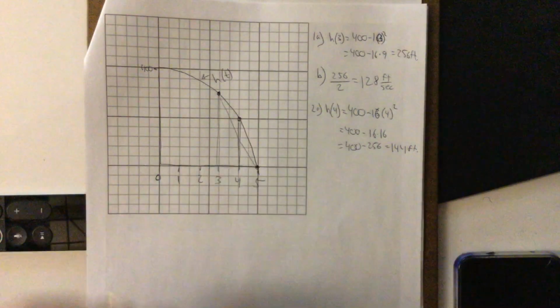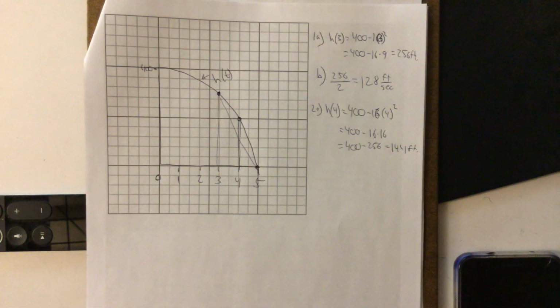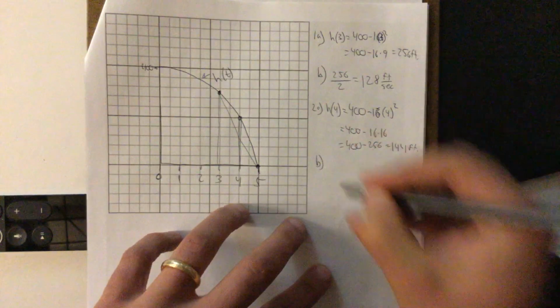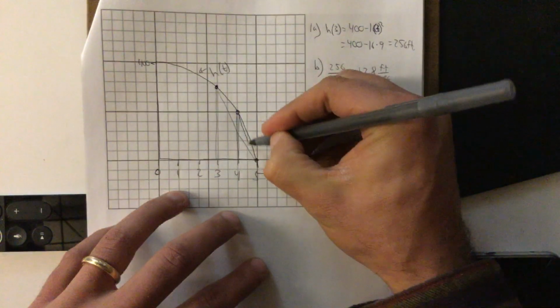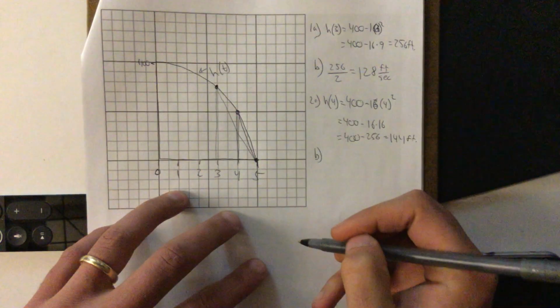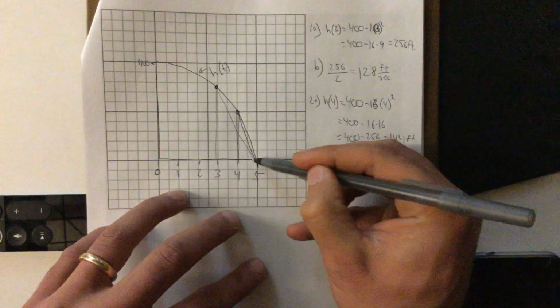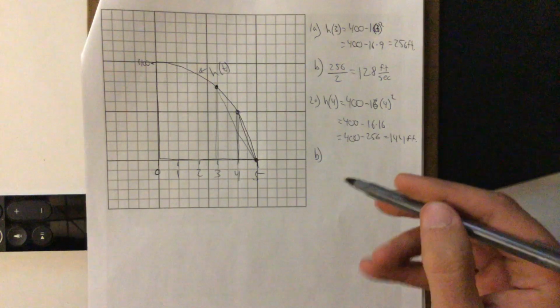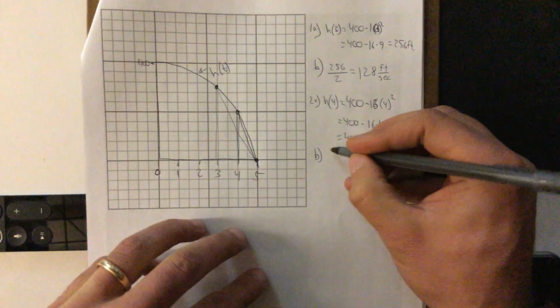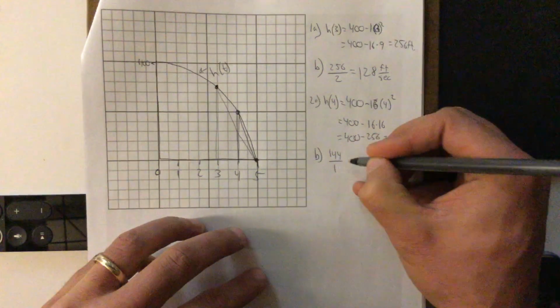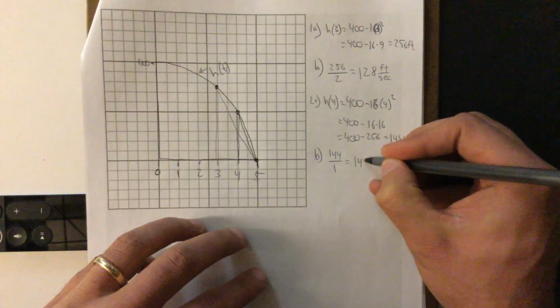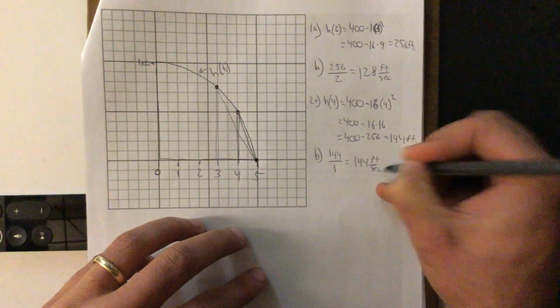So that's how far this fell, 144 feet. And 2b is, well, what's the average speed of this? Well, when we just take 144 and divide it by this interval here, well, that's just 1 second, meaning our speed is just going to be 144 divided by 1, which is equal to 144 feet per second.